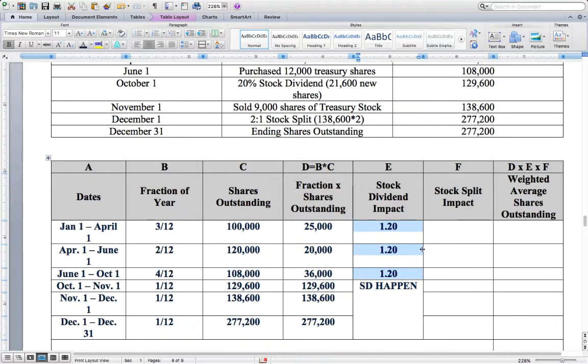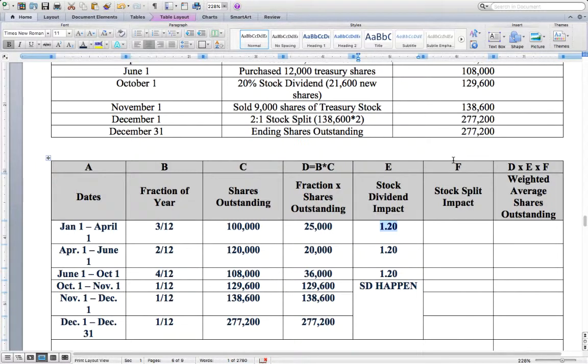And this is simply done by taking the 25,000 times the 1.2, 20,000 times 1.2, 36,000 times 1.2, and that gets you what the stock dividend would be for those periods if it occurred at the beginning of the year. Now in column F here for stock splits, it's the same way.